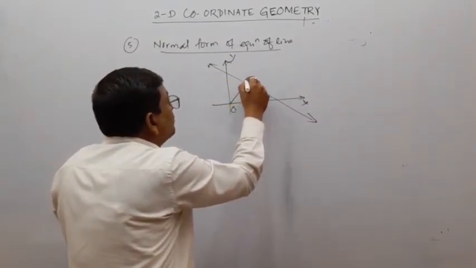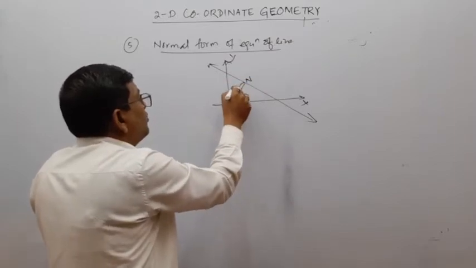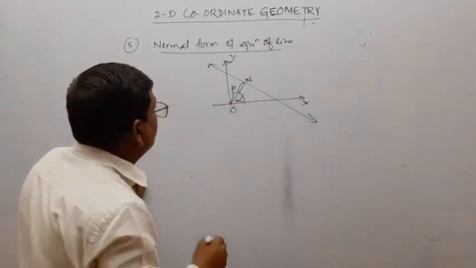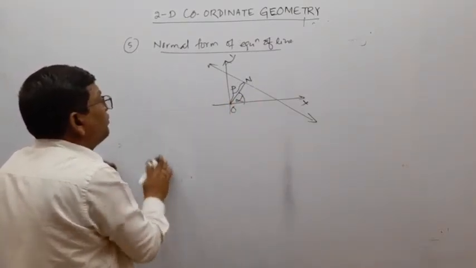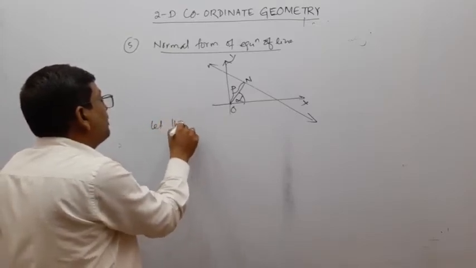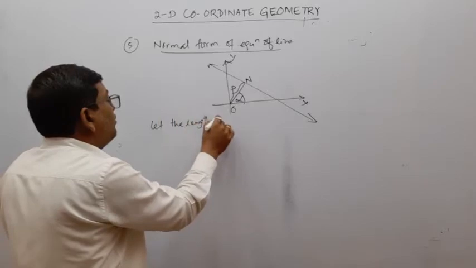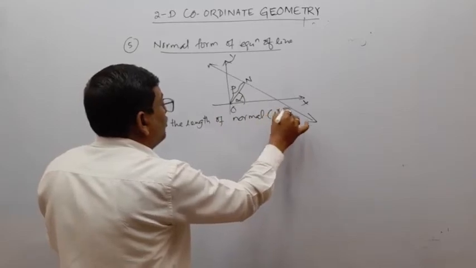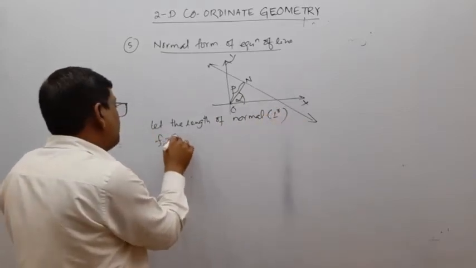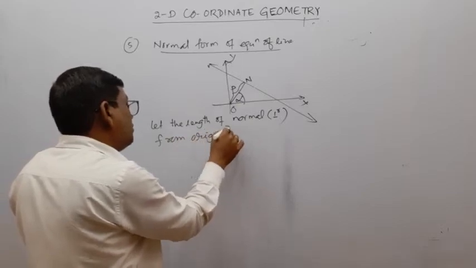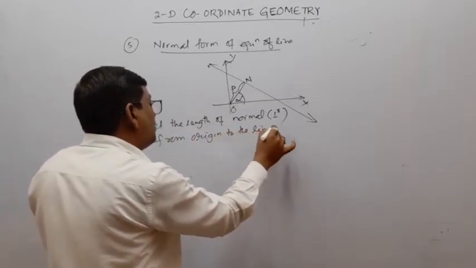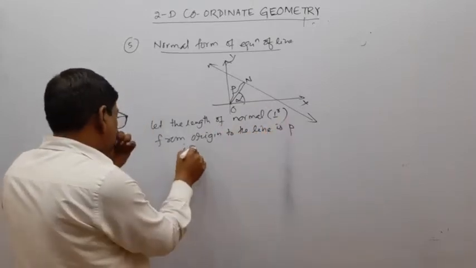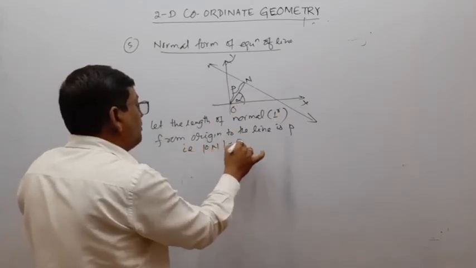The perpendicular from the origin is ON, and this distance is equal to p, and this angle is alpha. Let the length of the normal or perpendicular from the origin to the line be small p, that is, ON is equal to p.